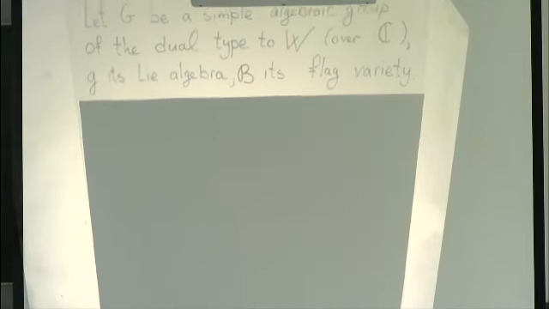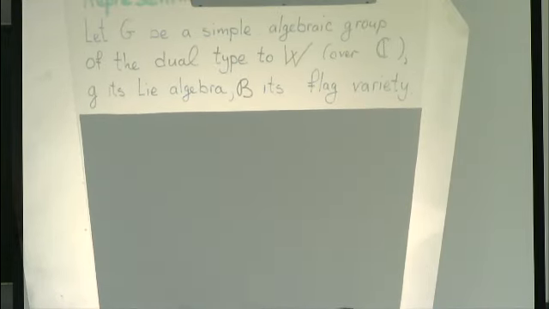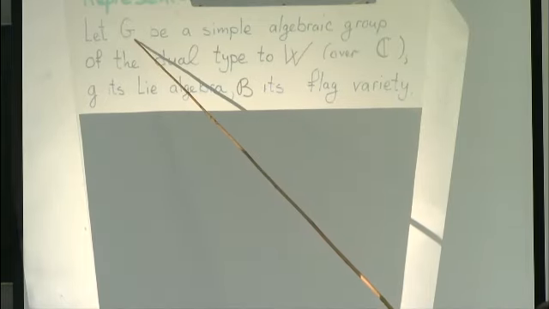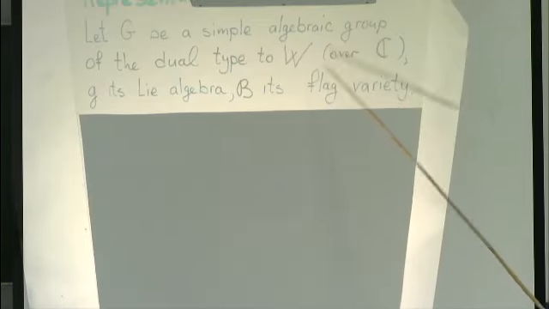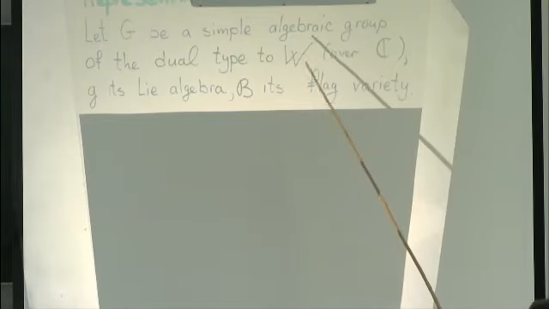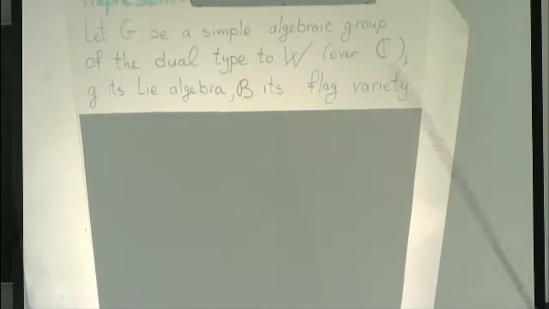Somehow the combinatorics of W doesn't remember this group. You have to do Lie theory. So you have to take G. You take a simple algebraic group of the dual type to W. With the dual type you swap B and C, but otherwise it's the same type.